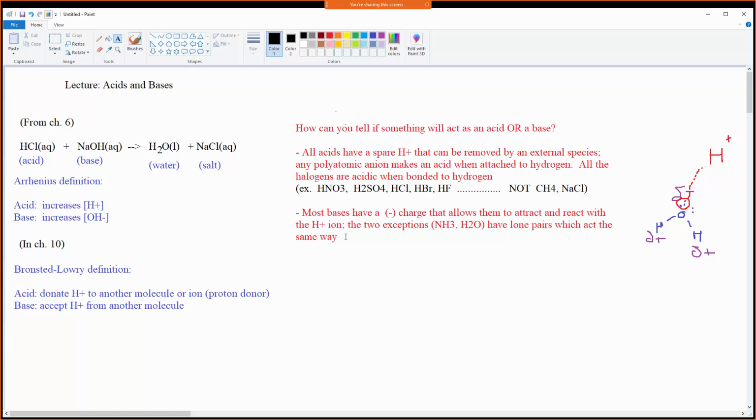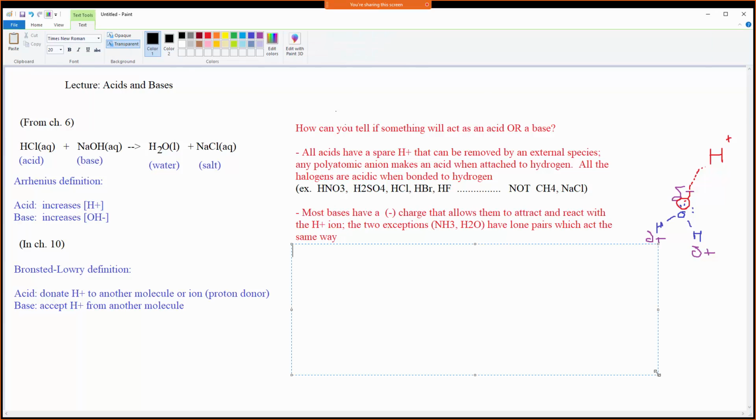So, for instance, we would expect hydroxide, obviously, to be a base because it has a negative charge. F minus is basic because it has a negative charge. Again, I'm going to put that lone pair for the NH3 right out front there so you can see it.